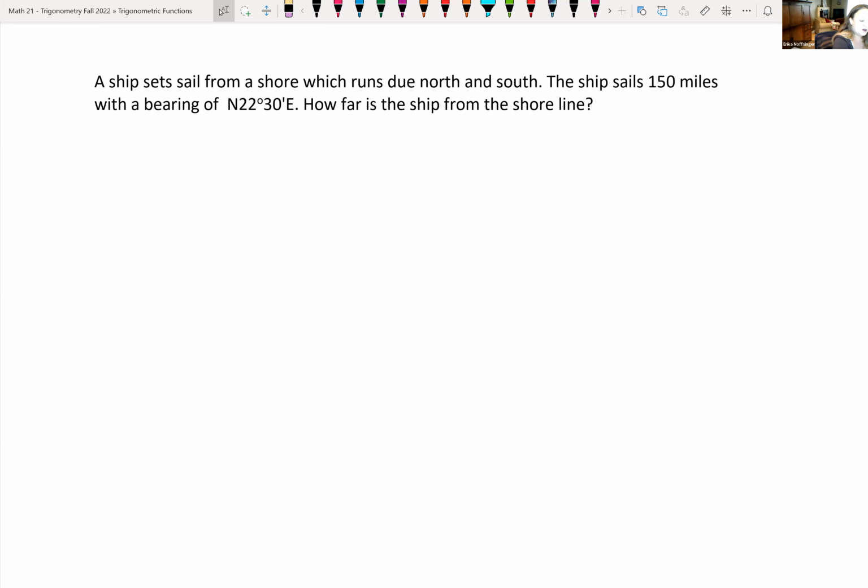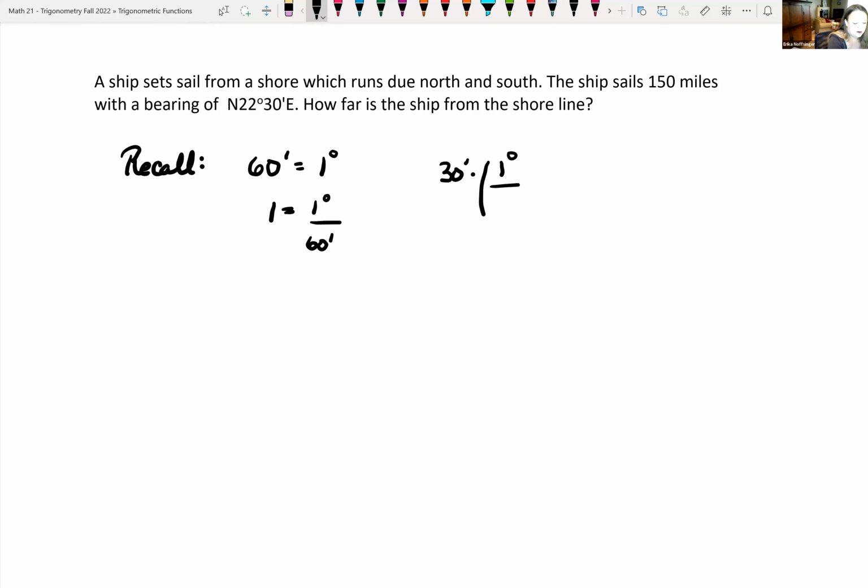And so recall that 60 minutes was equal to 1 degree. And I want my minutes to cancel. So another way to write 1 is the same thing as 1 degree over 60 minutes. So looking at this, 30 minutes times 1, and I'm going to write that 1 as 1 degree over 60 minutes.